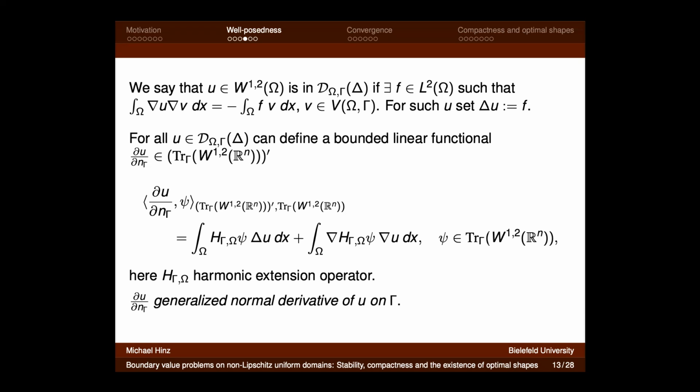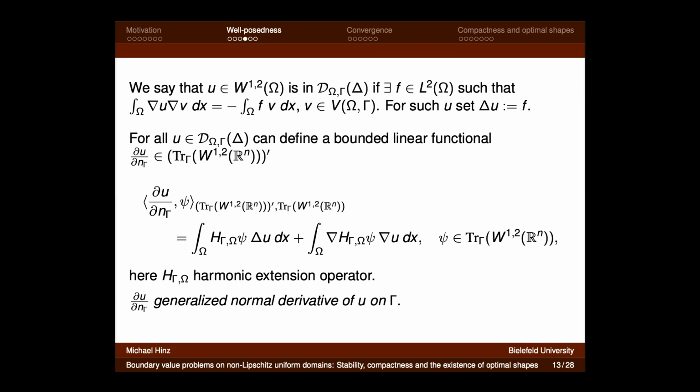If something holds, for all functions from this domain we can then introduce an abstract normal derivative in some sort of distributional fashion by just abusing the Gauss-Green formula. So we take the Gauss-Green formula, the energy part and the Laplacian part, and using these two, we define a dual pairing on the boundary, and running through all test functions, this defines a nice element of the dual space, which is our generalized normal derivative.